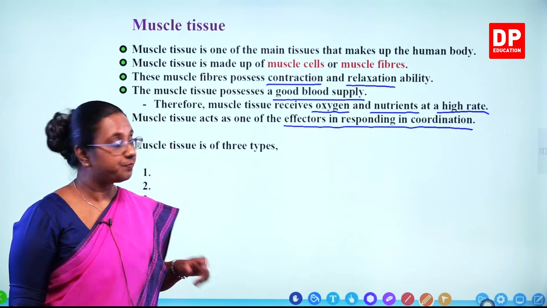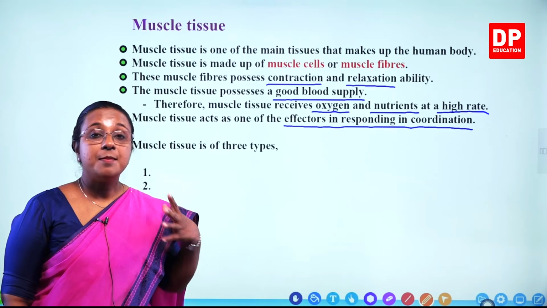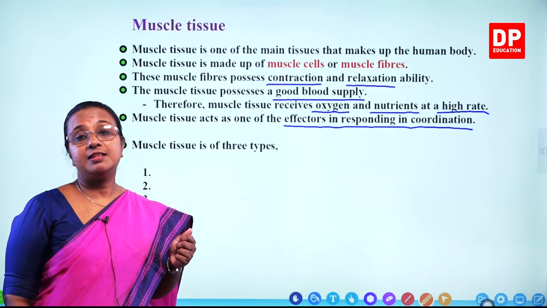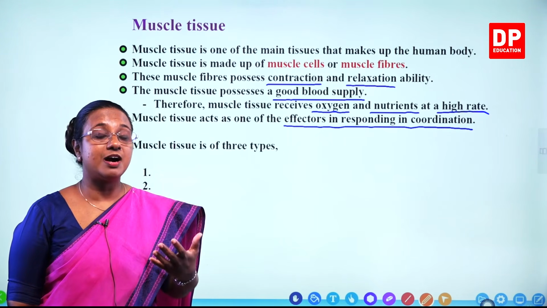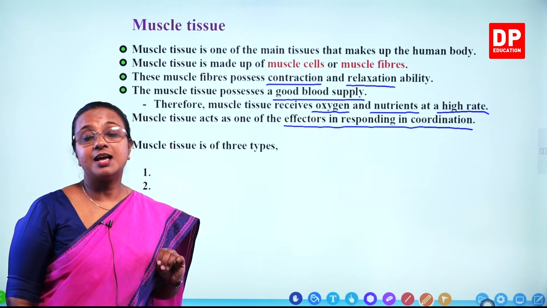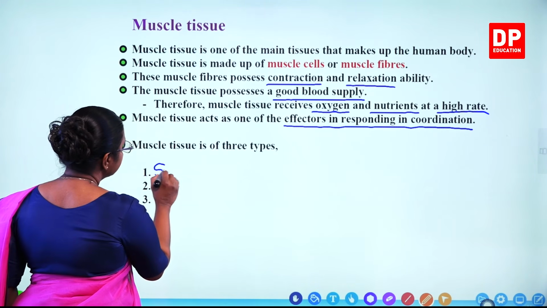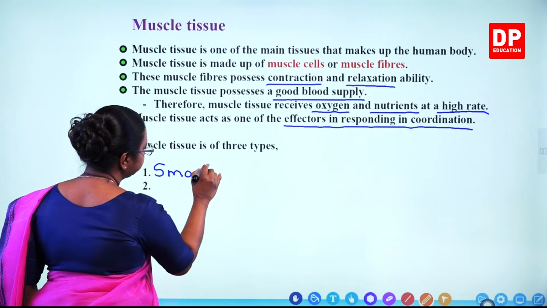Muscle tissue is of three types. Based on where you get the muscle tissue and their function and their characteristics, there are three types of muscle tissues. One is the smooth muscle.